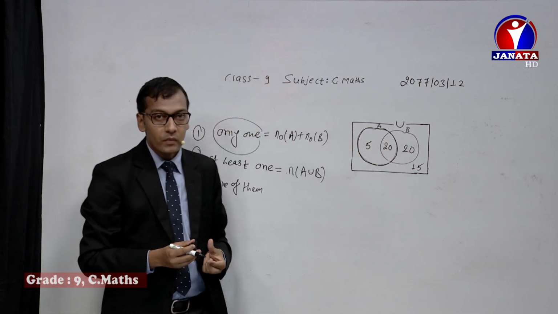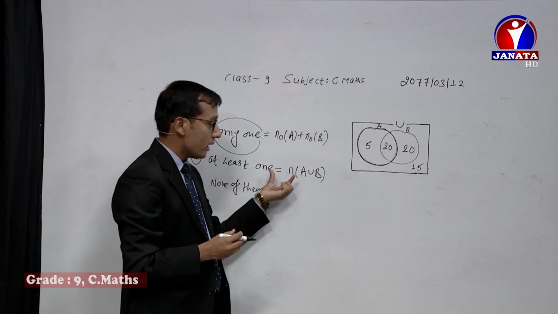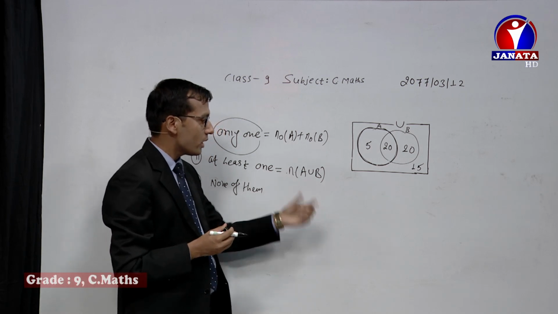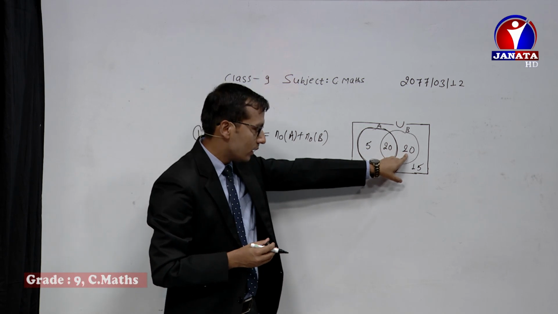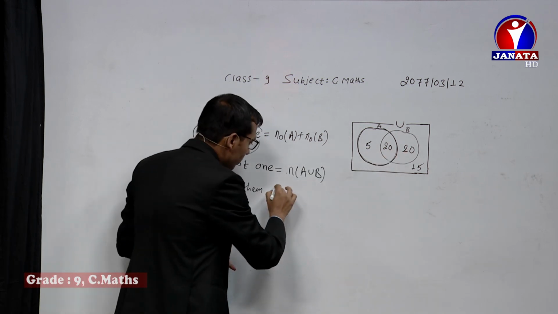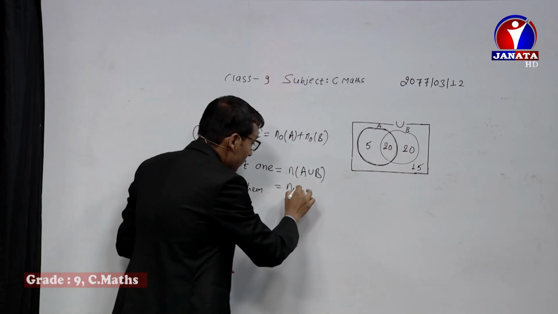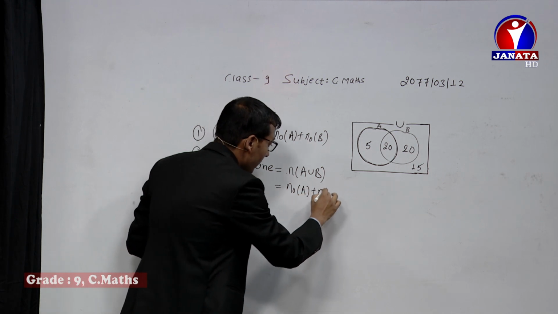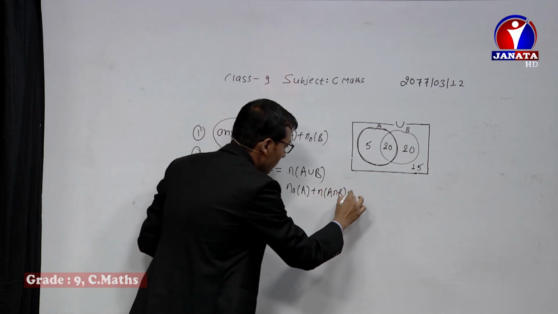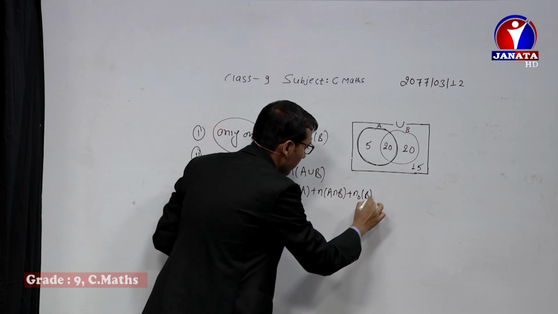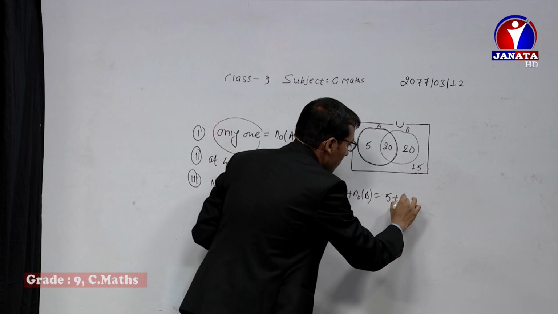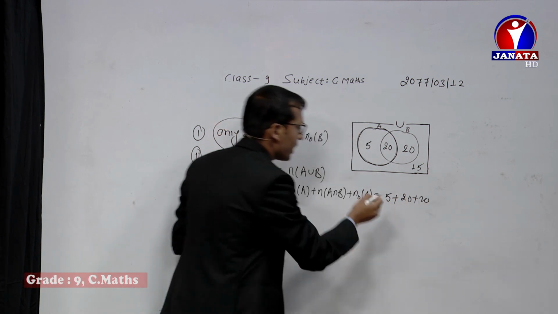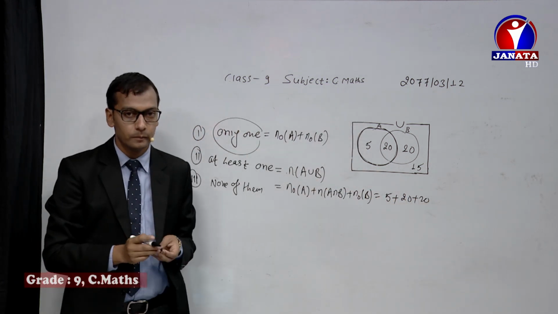We can add the cardinal numbers of these three parts: n only A plus n of A intersection B plus n only B. So this is equal to 5 plus 20 plus 20. We can add this and get the result.